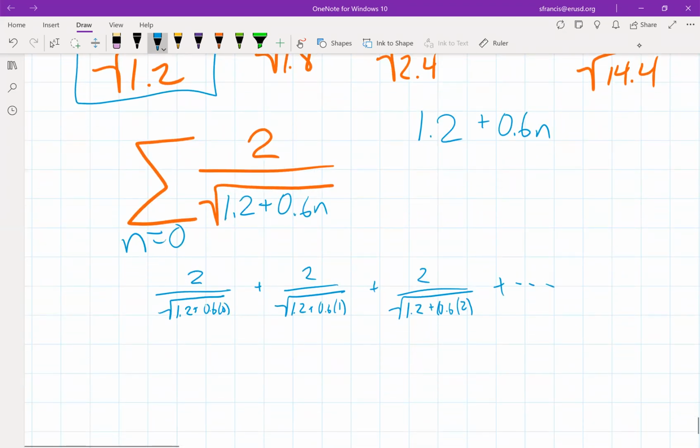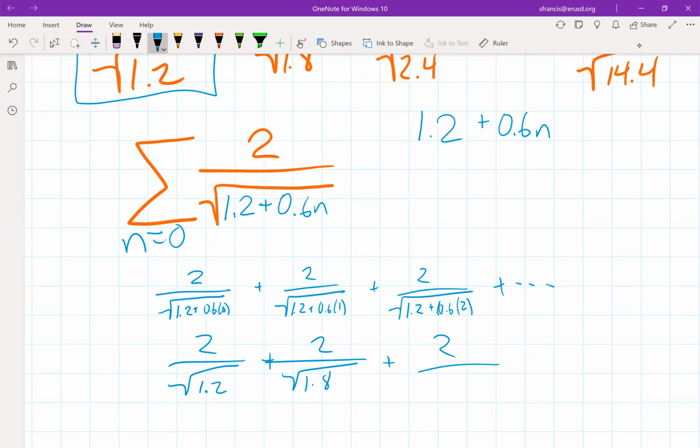Look at how this changes. 0.6 times 0 is 0, plus 1.2 is root 1.2. That's exactly what I need for my first term. 2 over root of 1.2 plus 0.6, which is 1.8. So 2 over root 1.8 plus 2 over root 2.4, and so forth. So this is going to work.